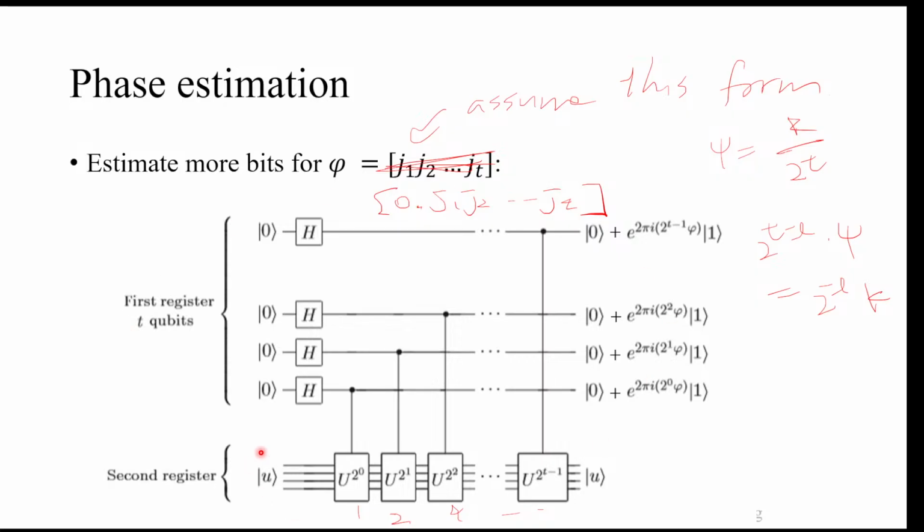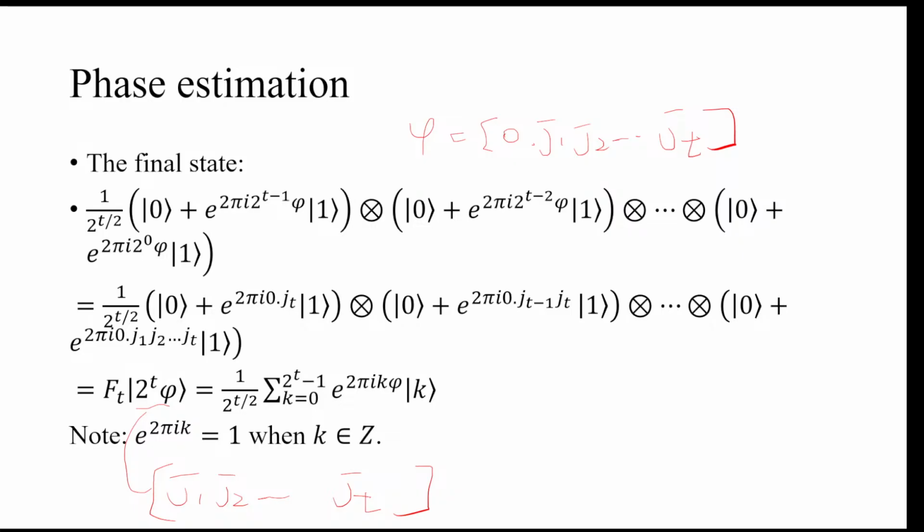So if we do this circuit, we get the Fourier transform of what we want to learn. We still remember we want to learn our phi. Then we get a state that's the Fourier transform of phi, and if we want to learn phi, we just apply the inverse Fourier transform.